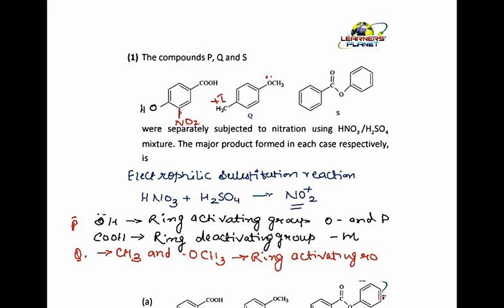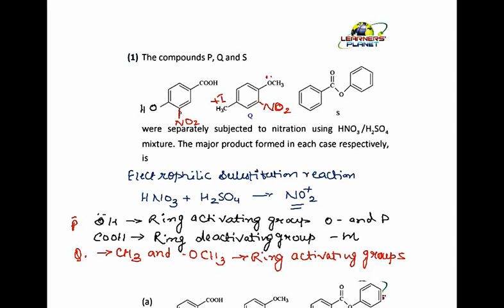But which will have the maximum effect? Which is going to have the maximum effect? Your OCH3, right? So where will the substitution take place? At the ortho position to OCH3, that is here, right? Is my point clear?